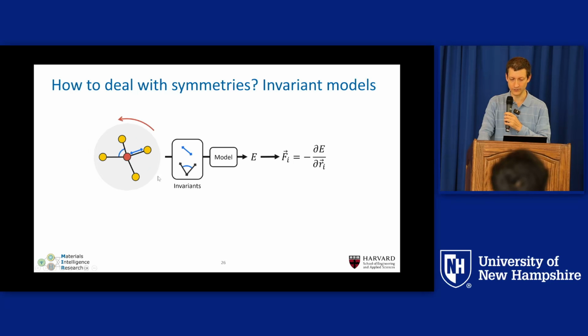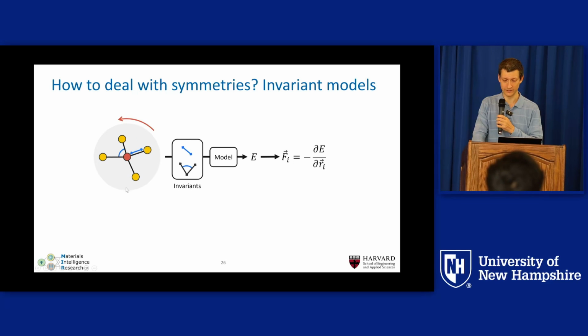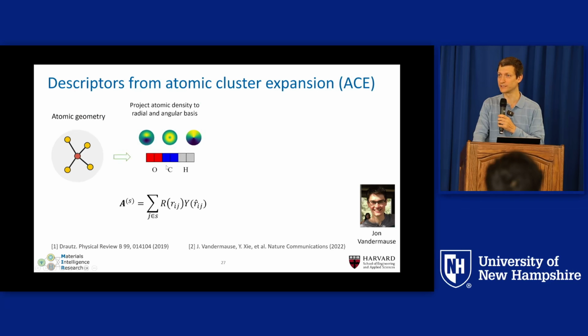One thing you could do is build a model out of distances and angles that will be automatically rotationally and translationally invariant. But then you have to decide how exactly to do this, at what order of these kinds of invariants you stop. But this is something that you can do systematically.